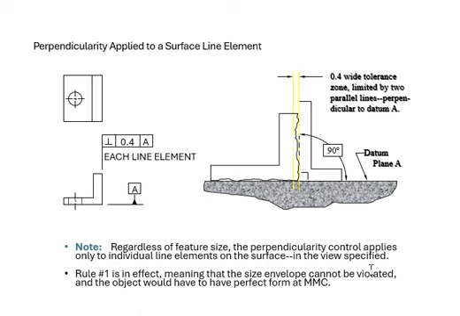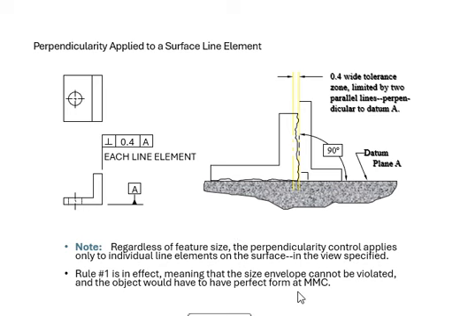Then let's go into regardless of feature size, the same thing. Your perpendicularity is going to control your individual line elements on that surface as specified here. Rule 1 again. We take a look at your max and we don't have it, so rule 1 is in effect. If you see the max right here, rule 1 is overridden. You should get it by now. We've been doing this again and again. So your size envelope, you can't violate it because we don't have MMC to worry about, since we're dealing with rule 1 here.